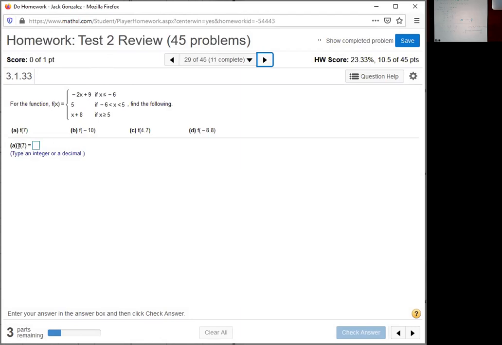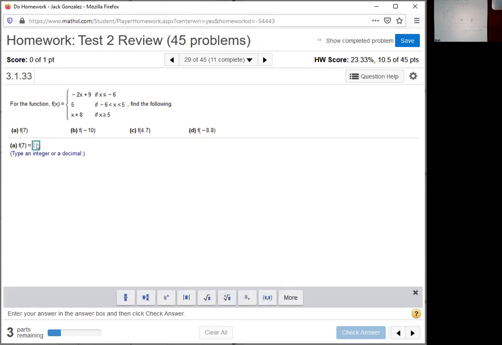So a is 7, right? So use 7. So I can't use that first one, too big. I can't use the middle one because it only says to use values between -6 and 5. So 7 is greater than 5, right? So we're going to use this bottom one. You just plug in 7, so you would do 7 plus 8, which is 15, right?